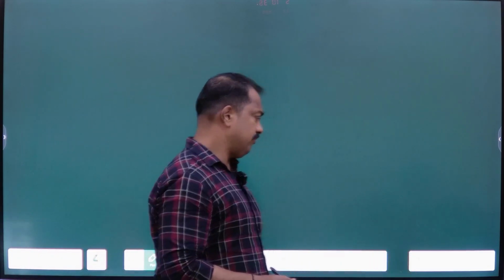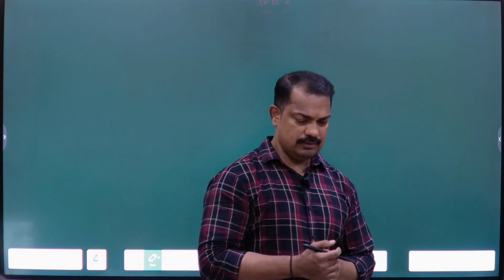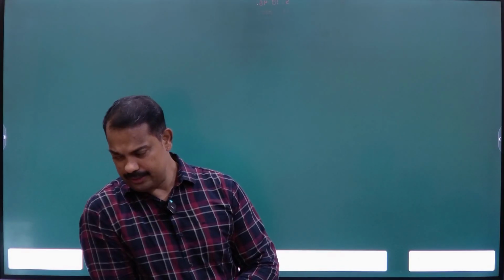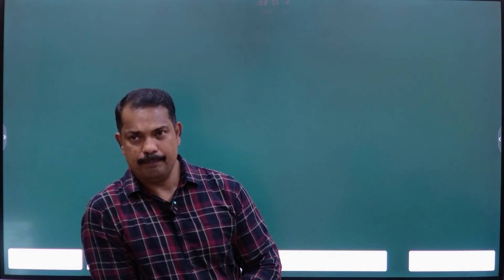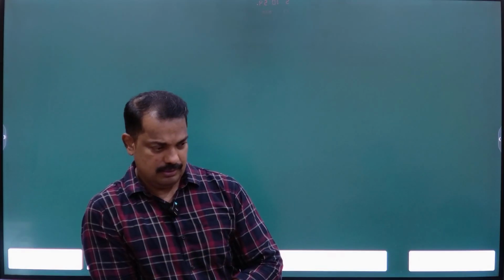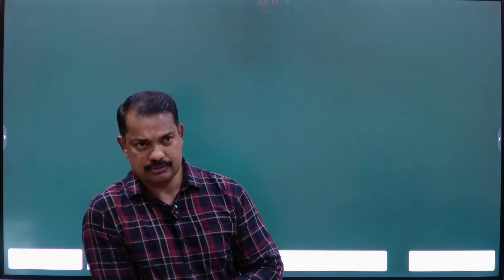Expand the following using the identity a plus b whole square is equal to a square plus 2ab plus b square.